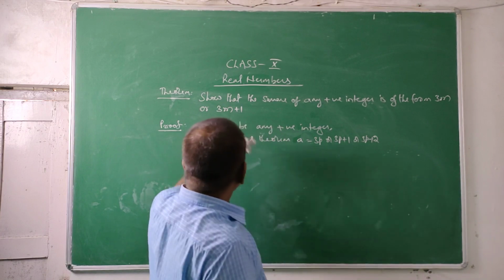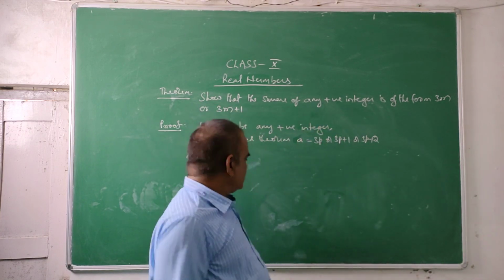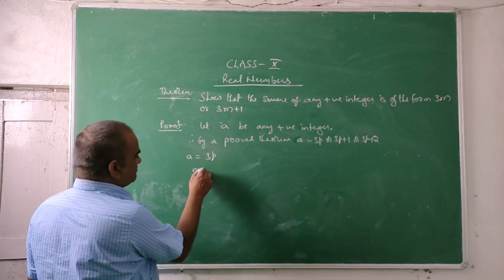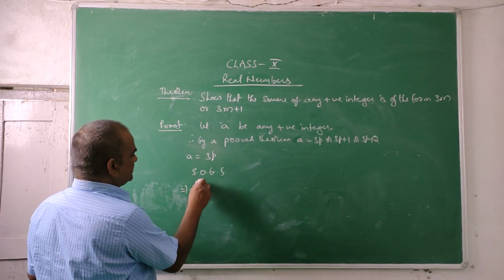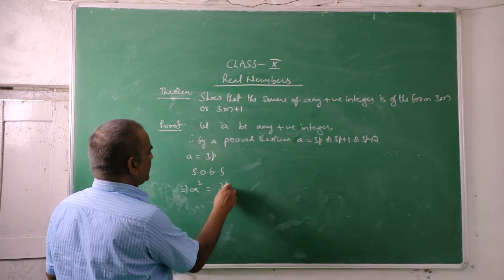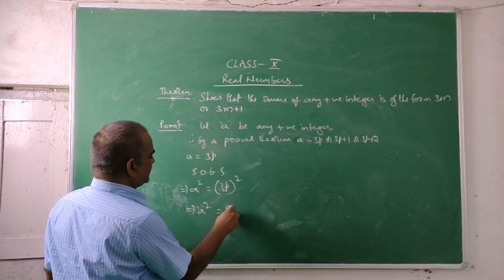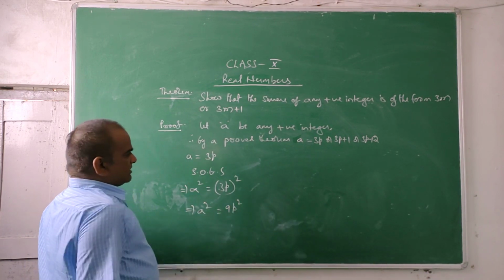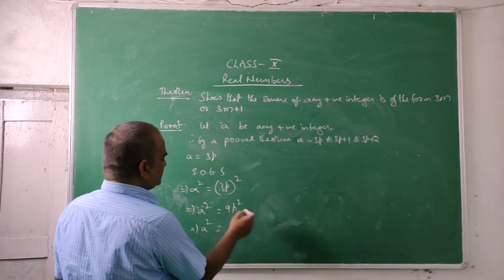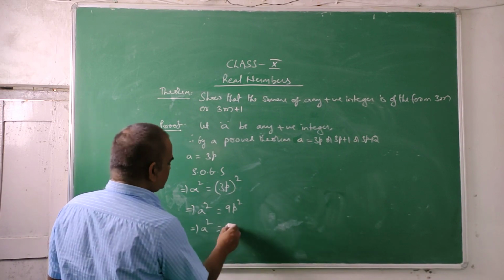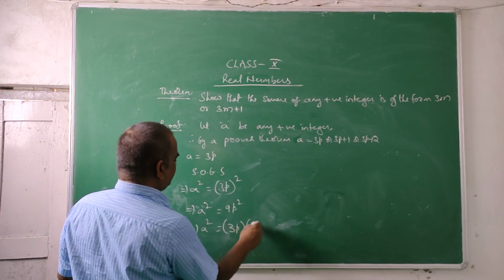Now because in the problem the square of the positive integer is involved, let us square on both sides. Squaring on both sides, a square is equal to 3p whole square, so a square is equal to 9p square, which is equal to 3p into 3p.